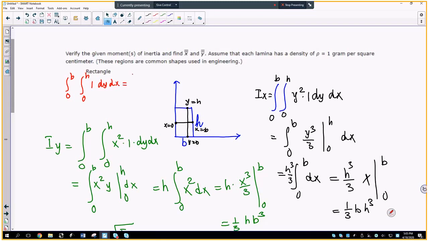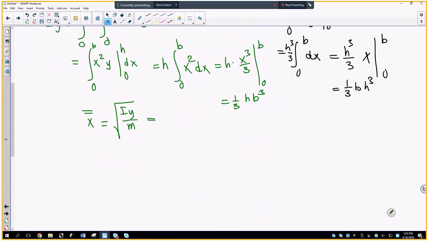So you get the integral from 0 to b of y, with limits 0 to h, dx, which is the integral from 0 to b of h, a constant, so I get h times x with the limit 0 to b. So this is b times h. That's the mass.